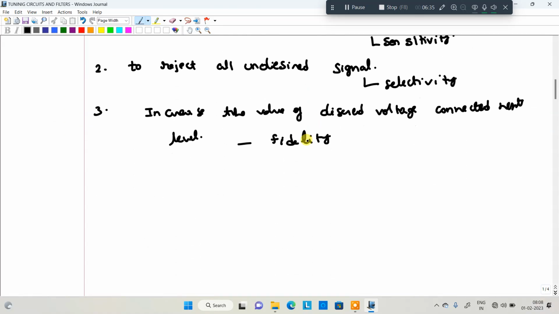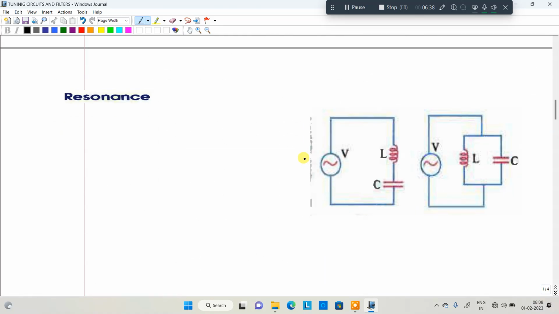Okay. Next we are moving to resonance. We are taking two types of circuit: LC series and LC parallel. This LC circuit is called an oscillator. We will discuss the oscillator topic in detail later, but now let's see what exactly this circuit does. In the series circuit, ideally there is no internal resistance of the inductor or the capacitor.